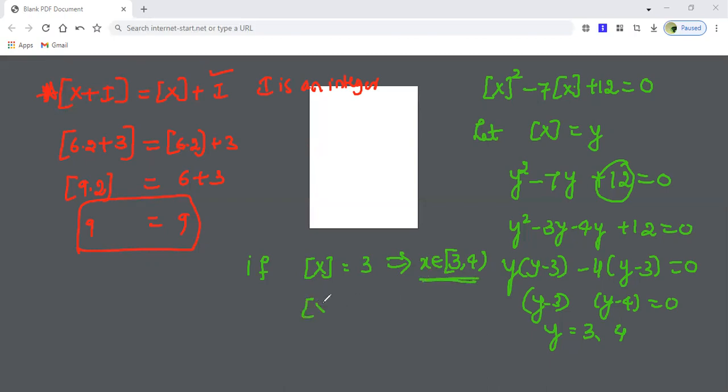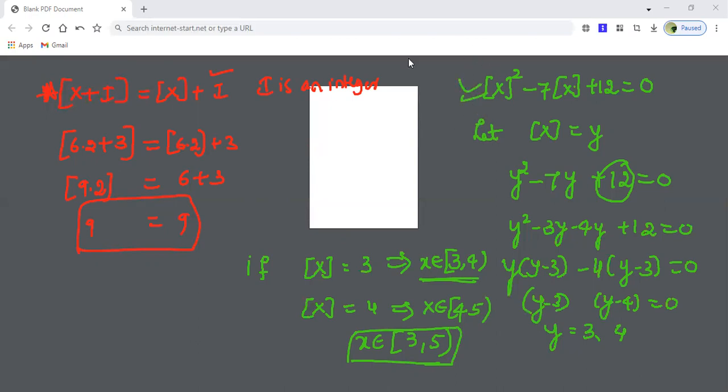Similarly, the greatest integer of x is equal to 4 when x belongs to the semi-open interval [4, 5). So this implies x belongs to the union of both, that is x belongs to the semi-open interval [3, 5), which includes 3 but excludes 5. So this is the value of x for this particular example.